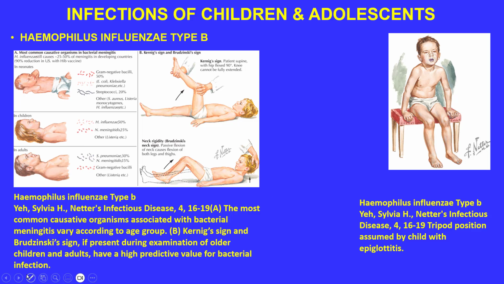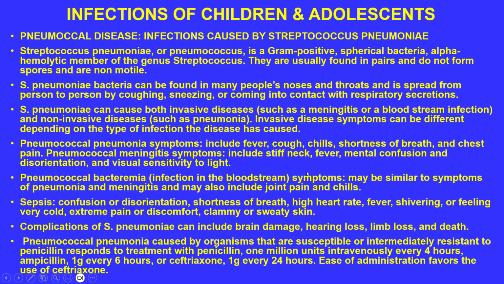Okay? All righty. So now we're going to talk about pneumococcal disease caused by Streptococcus pneumoniae. Streptococcus pneumoniae, or pneumococcus, is a gram-positive spherical bacterium, an alpha-hemolytic member of the genus Streptococcus. They are usually found in pairs, do not form spores, and are non-motile.